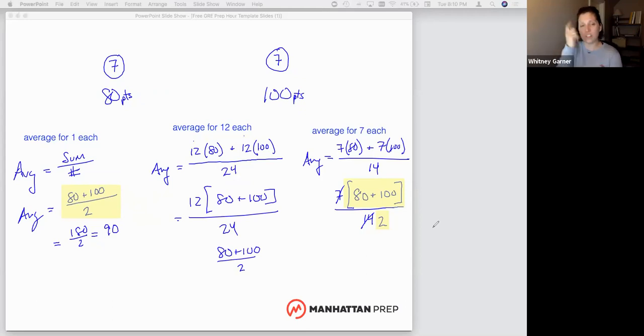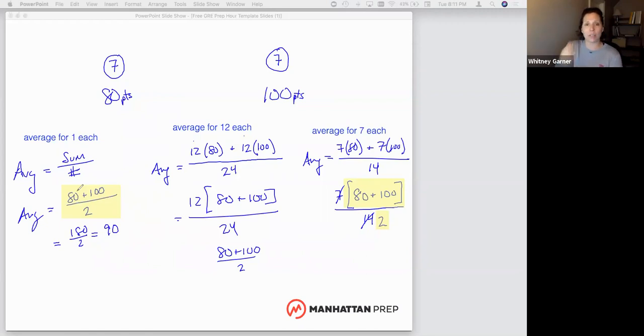So we started with what seems like a basic average. I got one person who gets an 80, one person who gets 100. But as we make this narrative a little more complicated, we still keep getting the same answer. And that's because all averages, all of them, are technically weighted averages.